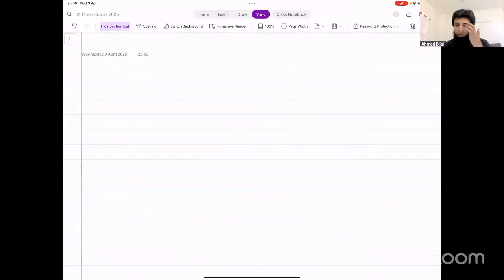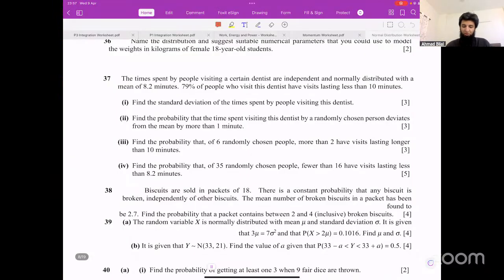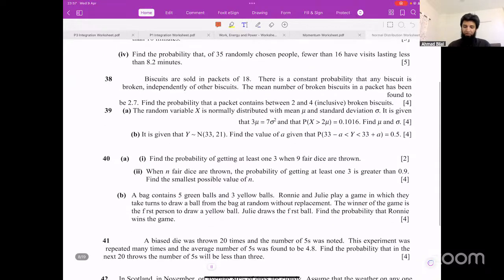Okay. I will search for an approximation question quickly. And then we do a relatively more difficult one on normal, and then we could end with that. In fact, this looks like a good one. Question 39.